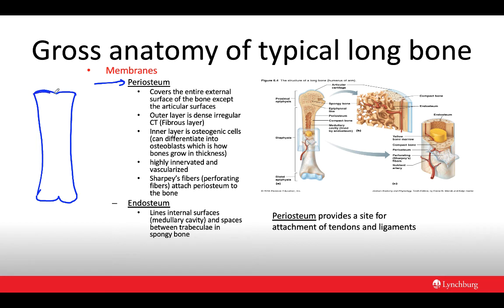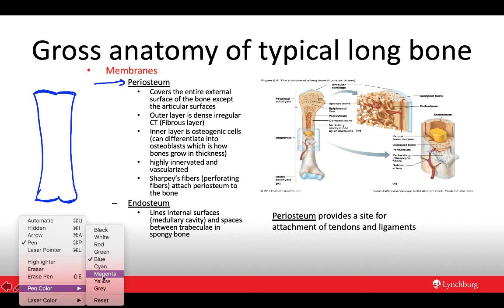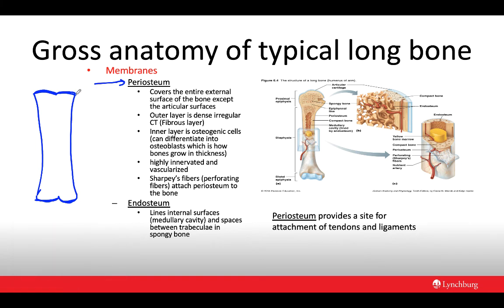So it's not going to be here because we've got articular cartilage there. But what we're going to see is, let's see, we'll do some periosteum in magenta. So periosteum is going to be this dense, irregular connective tissue that is covering kind of that external surface, okay?